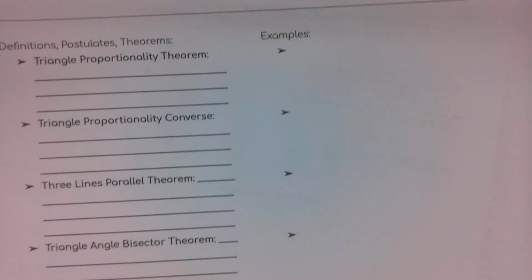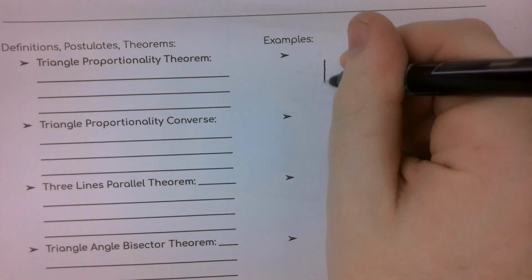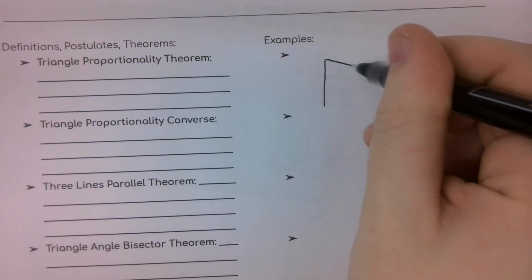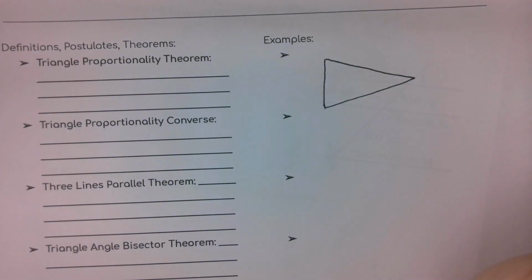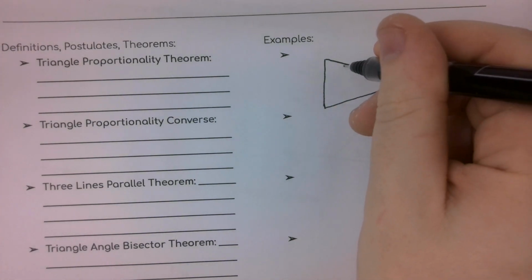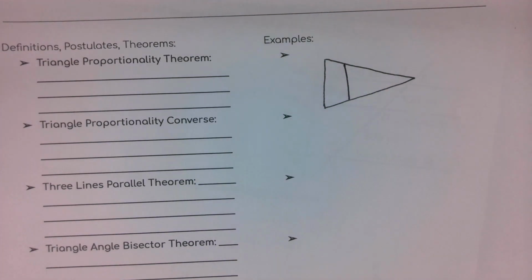So the triangle proportionality theorem deals very specifically with what happens when you have parts of a triangle compared to other parts of a triangle. I'd like you to draw out this triangle here. It's going to be a sideways isosceles triangle. And I'd like you to draw a line cutting through it, like so.